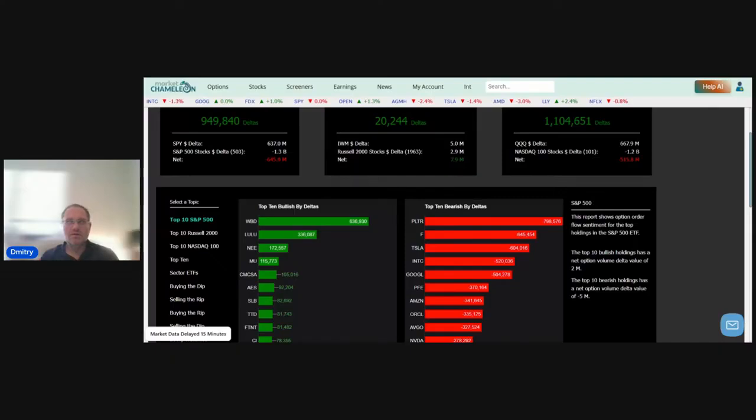So when we think about delta volume, for example, selling a call, well, that action is selling delta, right? So you are selling delta when you're selling a call. But many people sell calls against stock that they own to collect premium. And it's not necessarily to get bearish, because the total intent is not, well, I think that the stock's going to tank to zero, right?